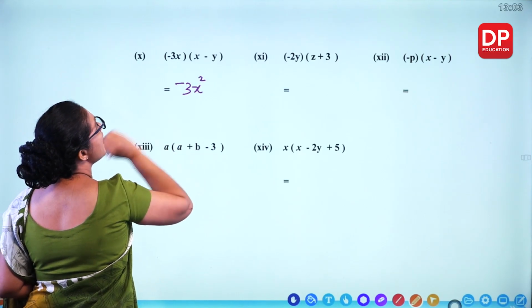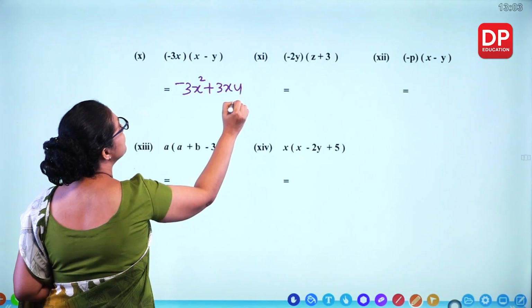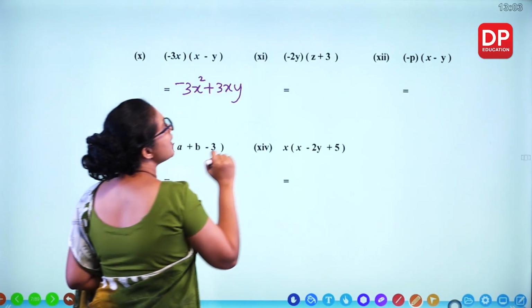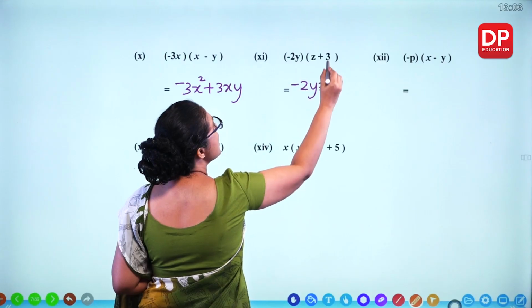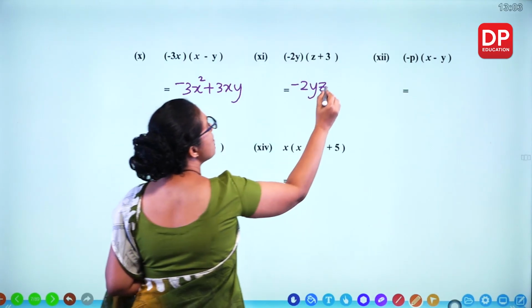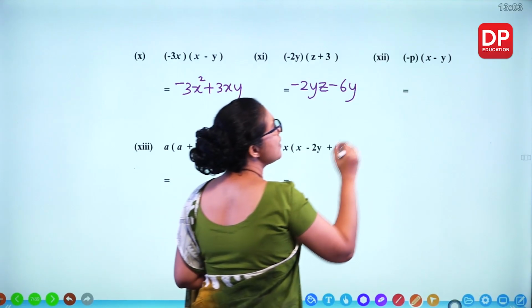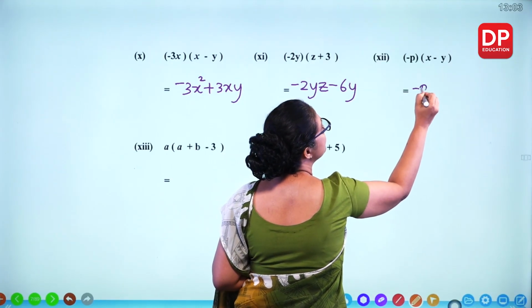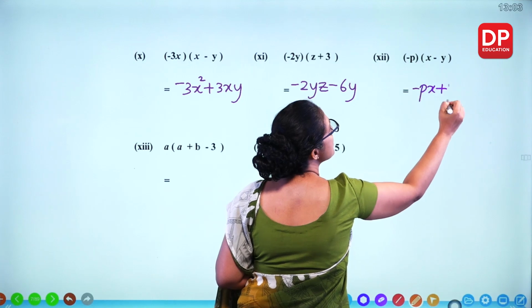Minus 3x into minus y, plus 3xy. Minus 2y into z, minus 2yz, minus 2 into 3, minus 6y. This one, minus px, minus and minus is plus py.